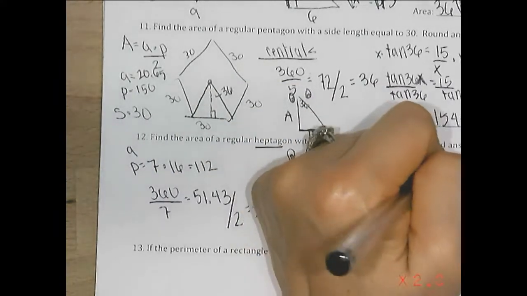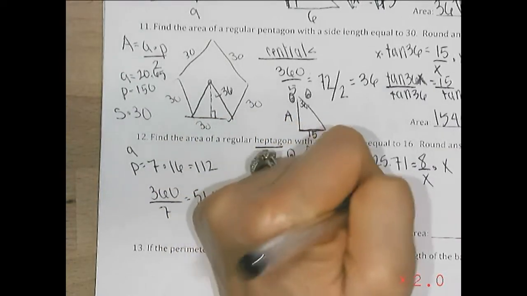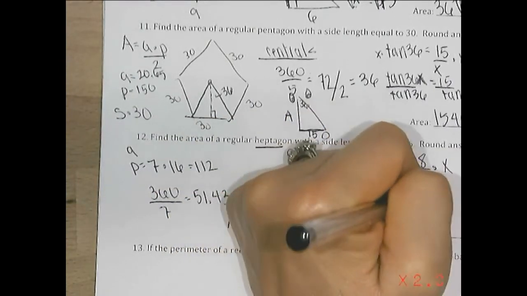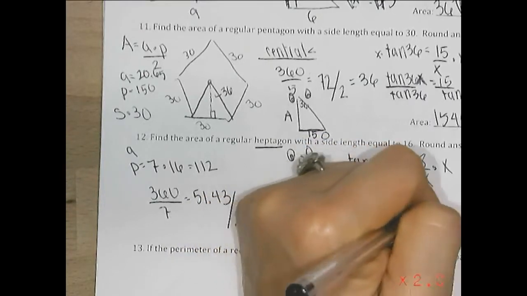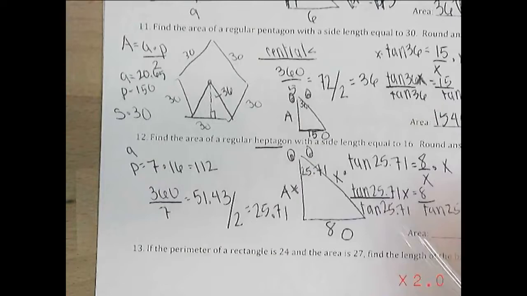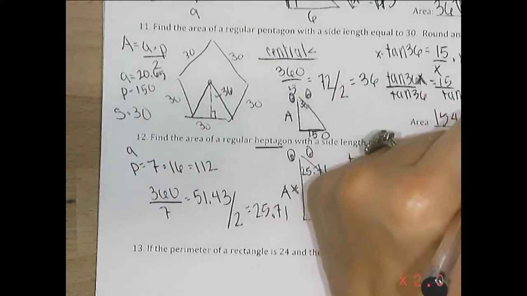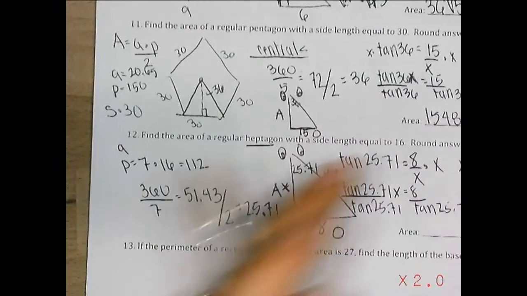Multiply both sides by x, and divide by tangent 25.71. I'll end up with x, or my apothem, equals 16.62.